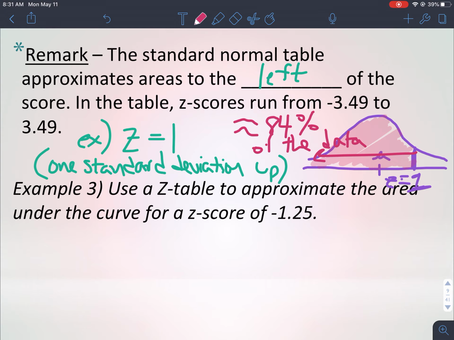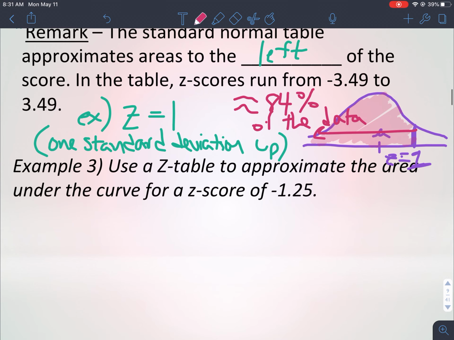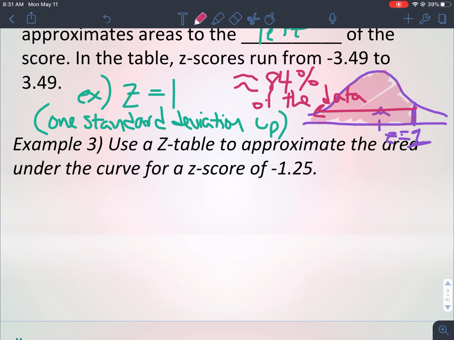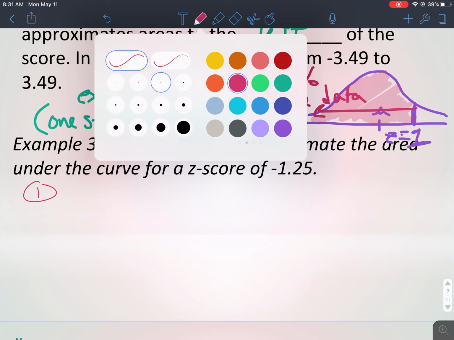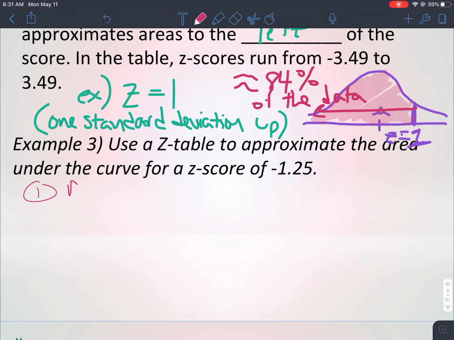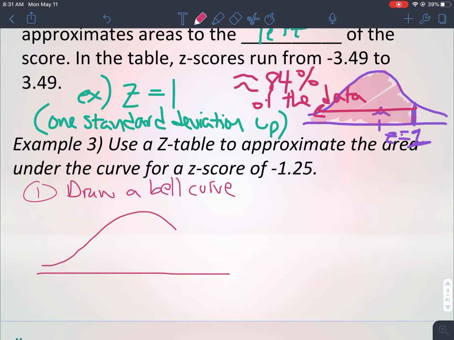So, use a z-table to approximate the area under the curve for a z-score of negative 1.25. So first, I'm going to draw a bell curve. We don't have any data here, it's just z-scores.